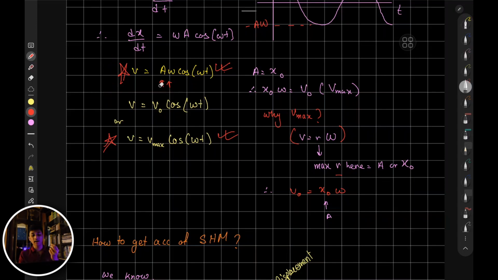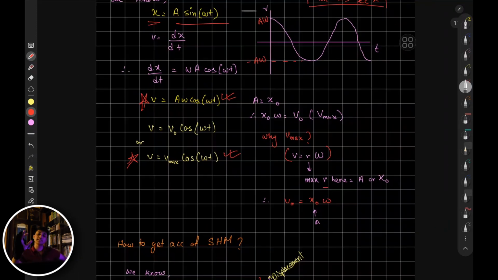And the other equation you need is the equation for displacement. Both of these are very important for doing sums in simple harmonic motion. Great. So now we have, after differentiation, the equation for velocity, where velocity is V naught cos omega t. V naught is basically maximum velocity.